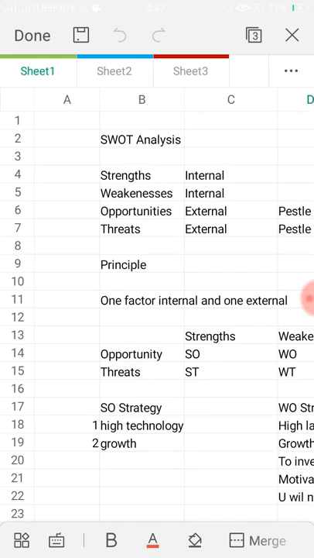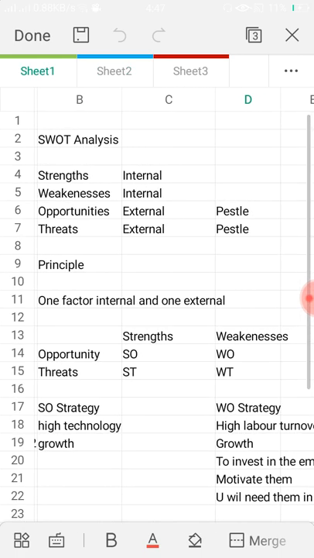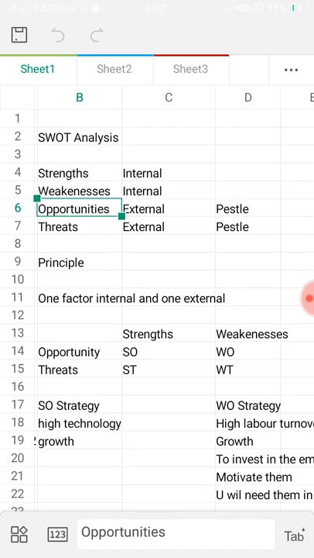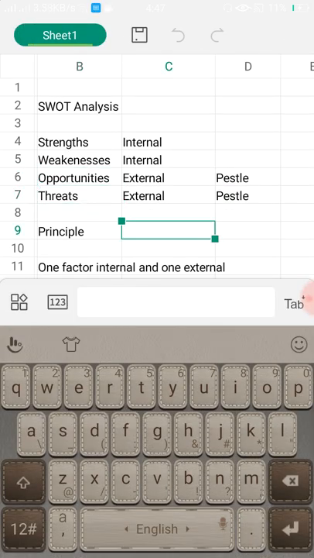Let's go back to the table that is SWOT analysis, where the factors are mentioned, some internal and some external. There are strengths and weaknesses. These are internal factors, internal strengths, internal weaknesses. When it comes to opportunities and threats, these are external. The opportunities and threats appear due to PESTLE.